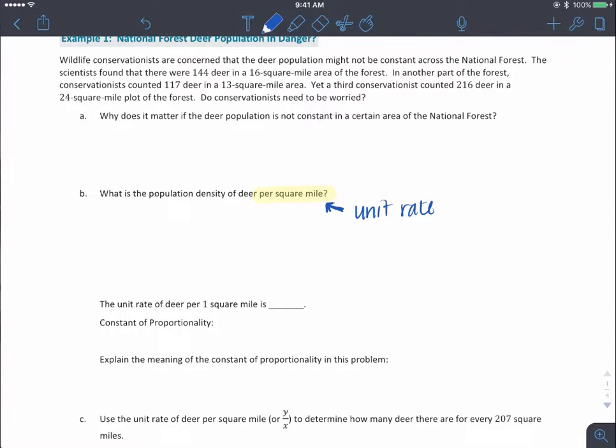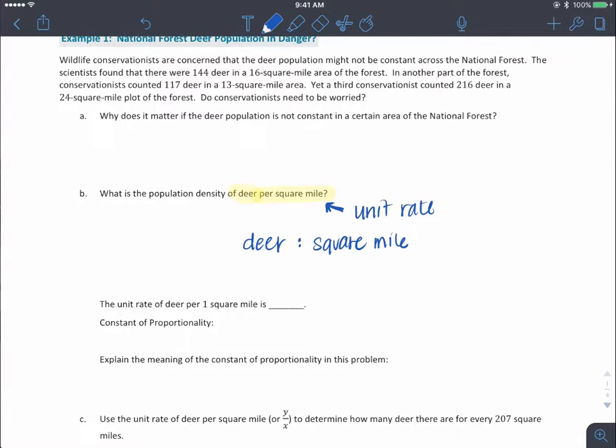Our units then are, let me highlight the rest of this. You should think to yourself, oh, this tells me that it's deer to square mile. That's our order of units.